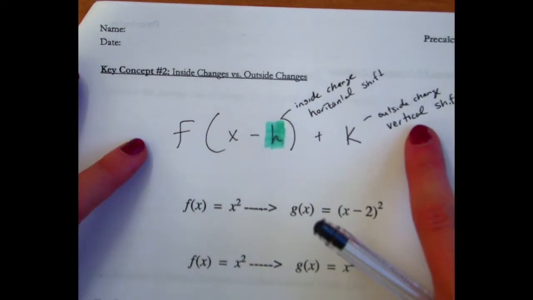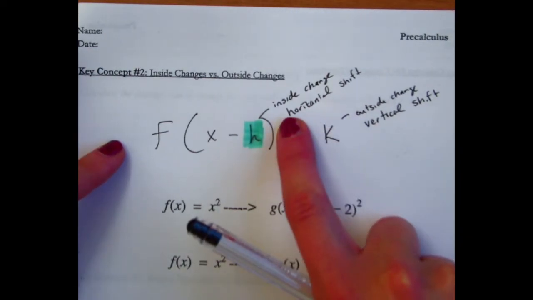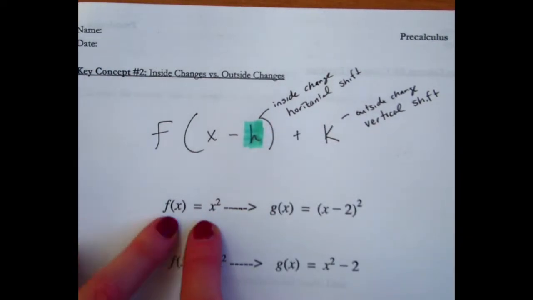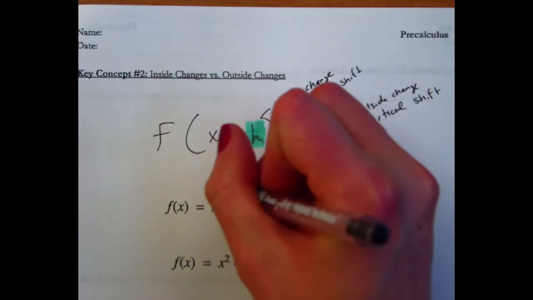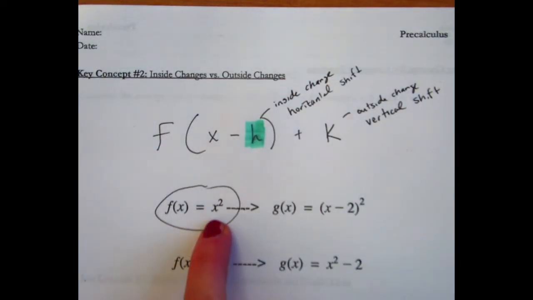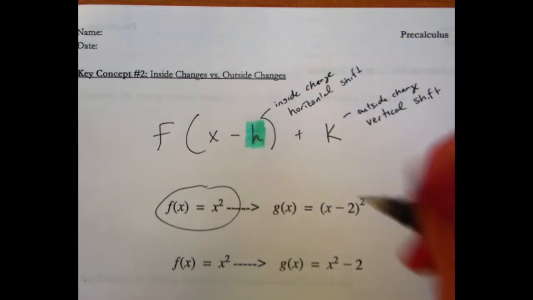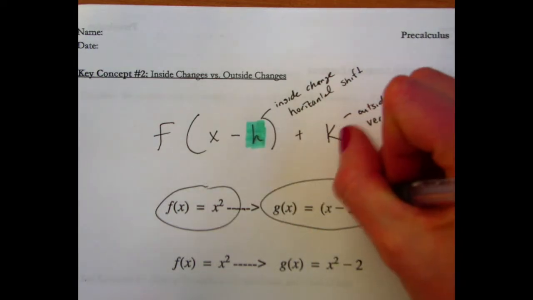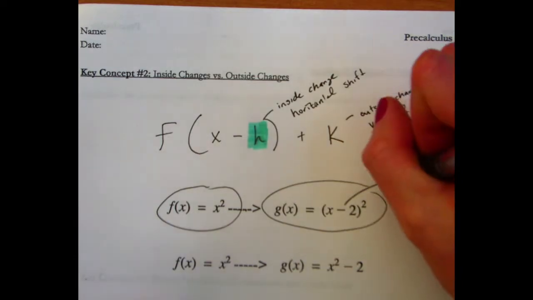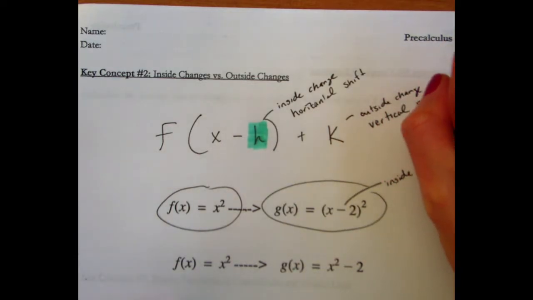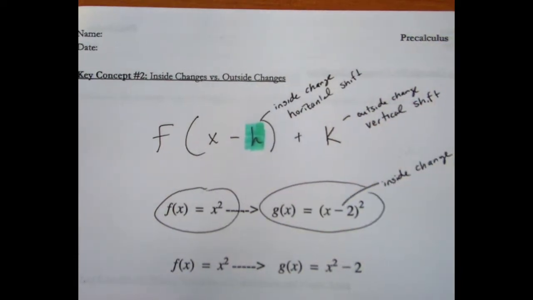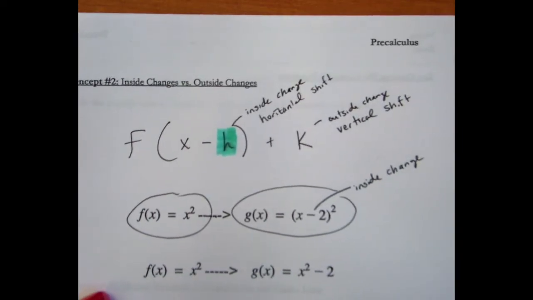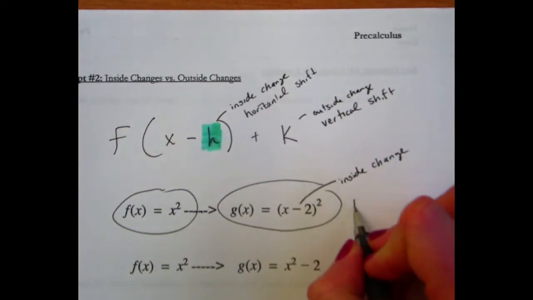For example, if we have this original function f of x equals x squared, and we transform it into this function that's exactly the same, except it has a -2, we'd ask ourselves, is that an outside change or an inside change? Since it's inside the parentheses, it's an inside change. Therefore, we know it's going to result in some sort of horizontal shift.